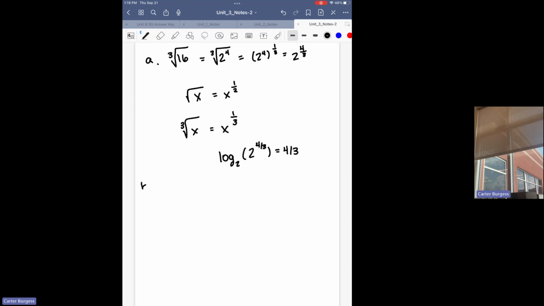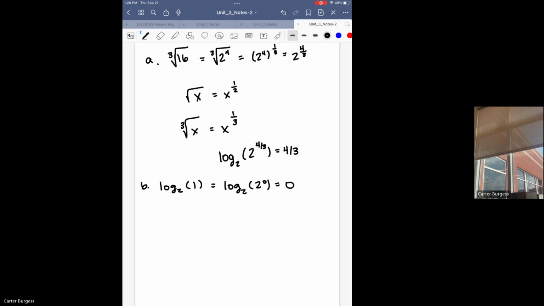All right, let's take a stab at B here. We have log base 2 of 1. How can I rewrite 1 as a power of 2? 2 to the what? 2 to the 0. Very good. So this is log base 2 of 2 to the power of 0. And so what is my exponent here?